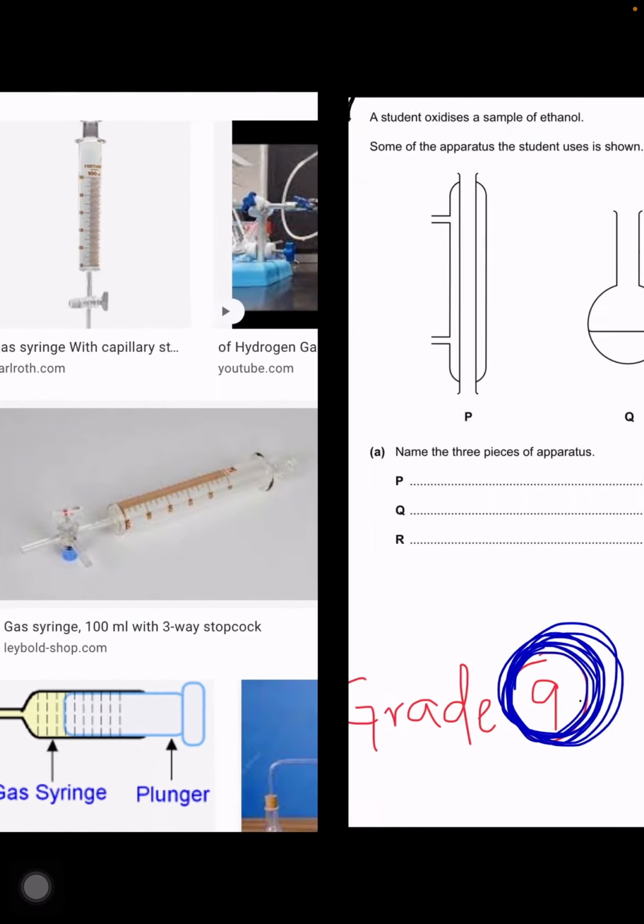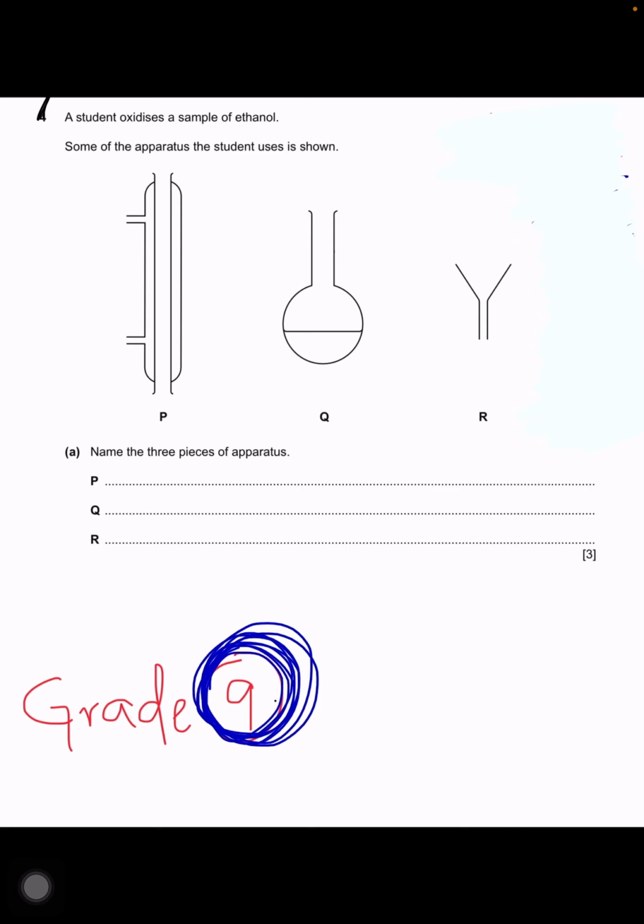Okay, now this is the next board, and those are the diagrams over there. You can see the examiner can ask: what is P, what is Q, what is R? Q is the round bottom flask. It is not a measuring flask. It is not the volumetric flask. Q is the round bottom flask, whereas R is the filter funnel. And what about P? P is the condenser.